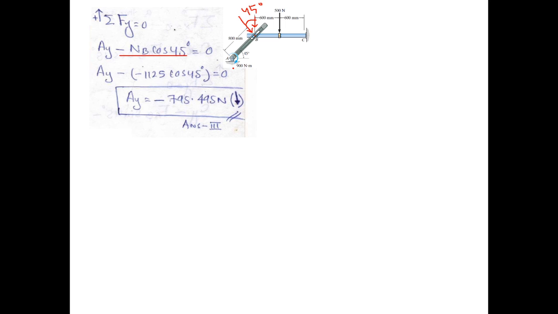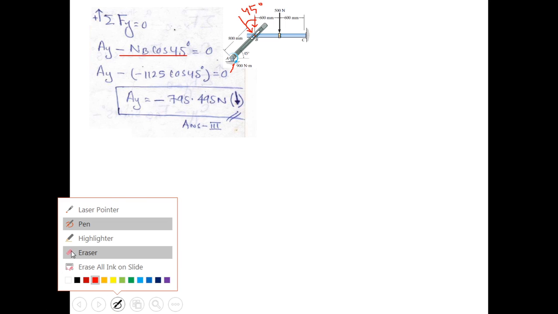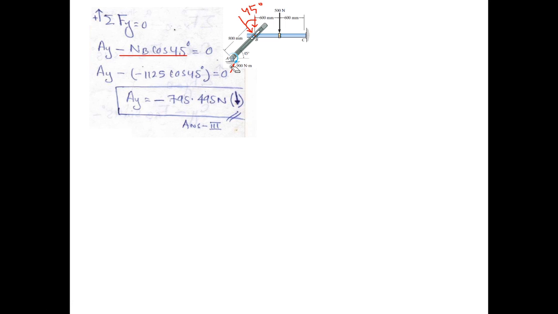And AY was acting upward, so this is positive. AY was acting in the positive upward direction. So AY is positive, and this component of NB is negative, NB cos of 45.